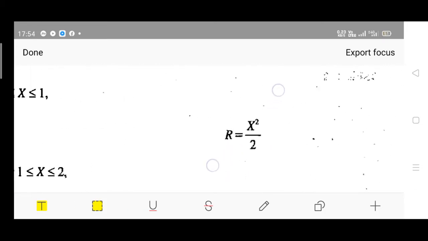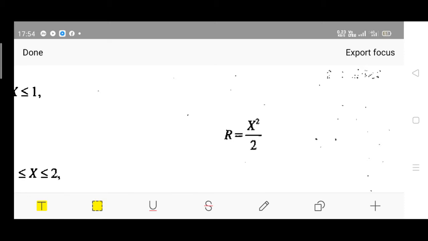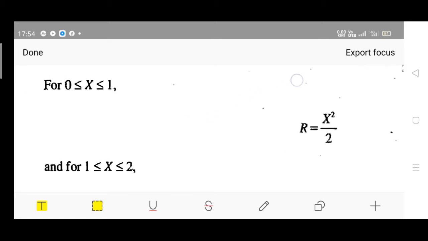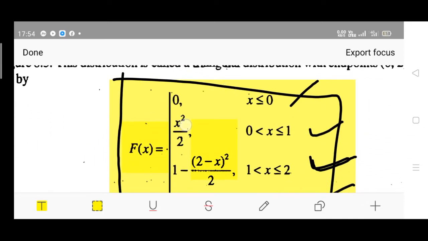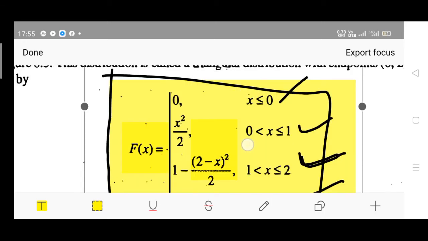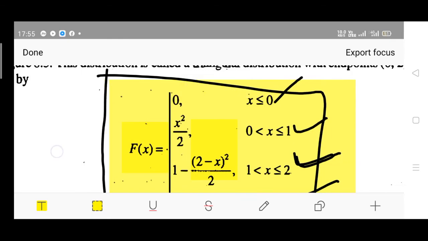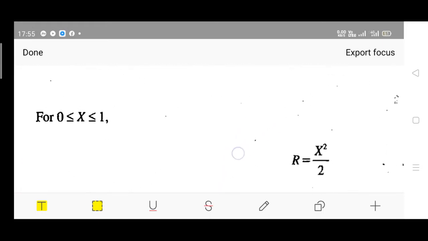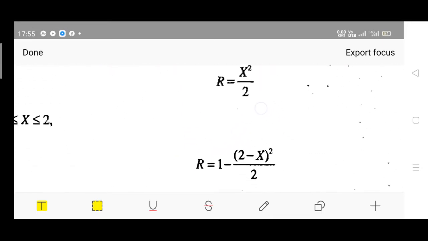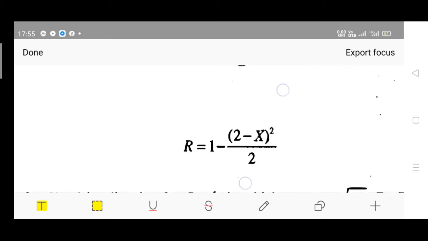R, the value of r, is equal to capital X square divided by 2, as we have discussed already, that is for F of x. Now you have to replace that by capital X. X square by 2 is for the range of values 0 to 1. Then for 1 to 2, we have 1 minus (2 minus x) the whole square divided by 2.